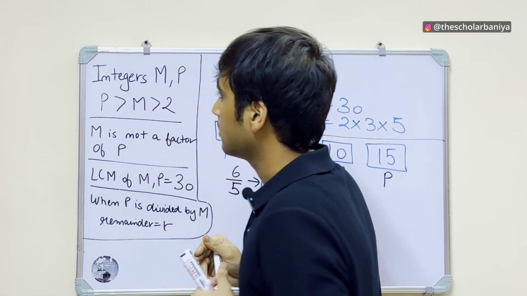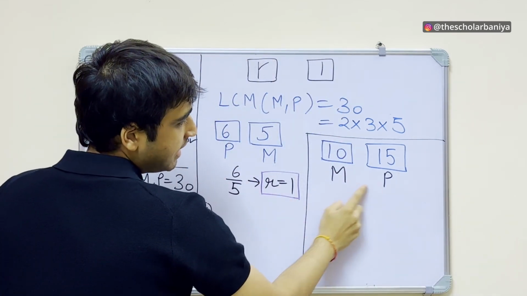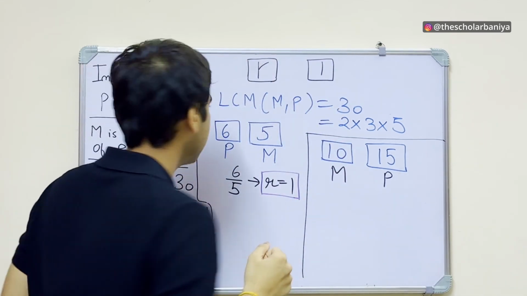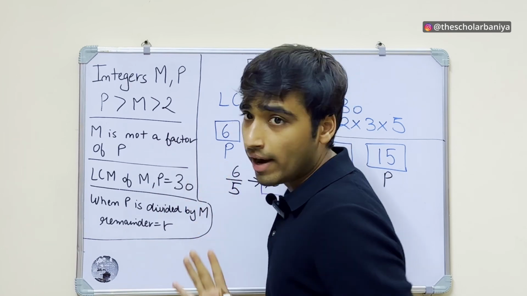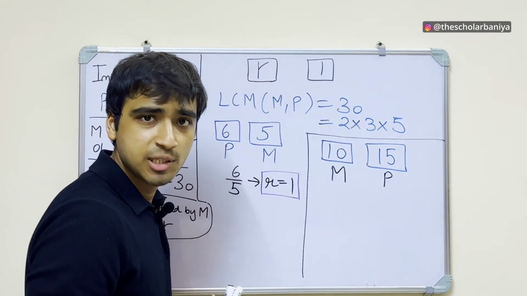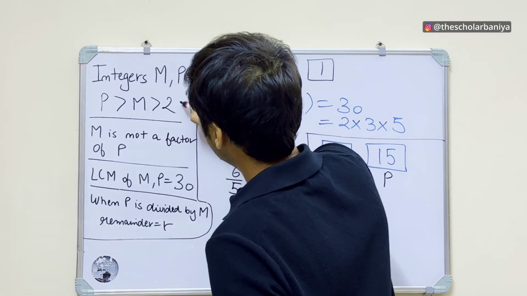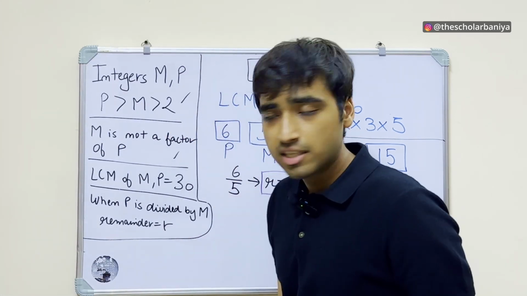P is greater than M greater than 2, satisfied. M is not a factor of P. That means 10 is not a factor of 15. Absolutely right. So this condition is satisfied.